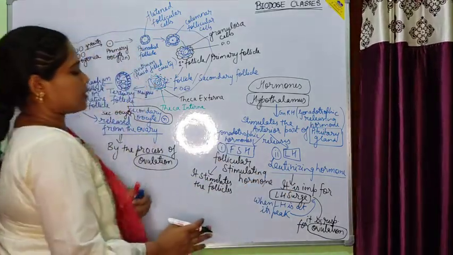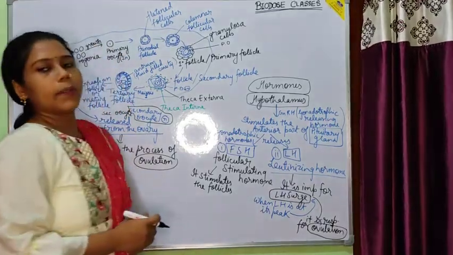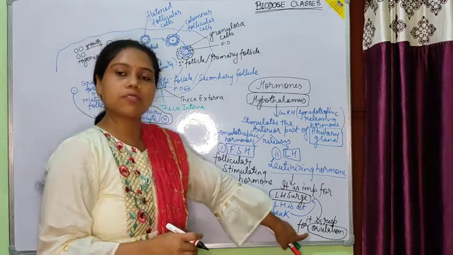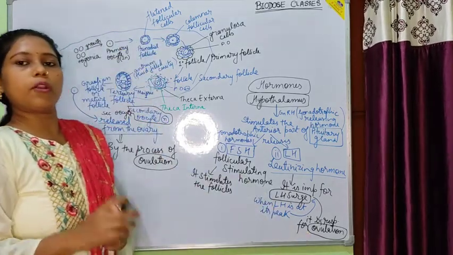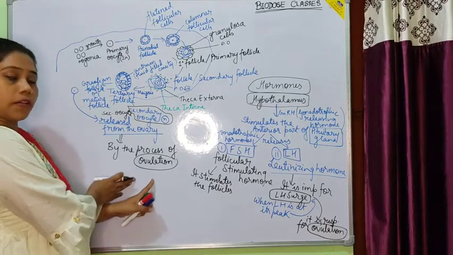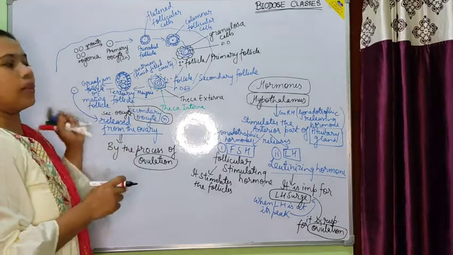Once there is LH surge, or once the level of luteinizing hormone is higher or attains peak in the female's body, then it is responsible for what? Then it is responsible for a process that is known as ovulation, and by this process of ovulation, there is release of secondary oocyte from the ovary.